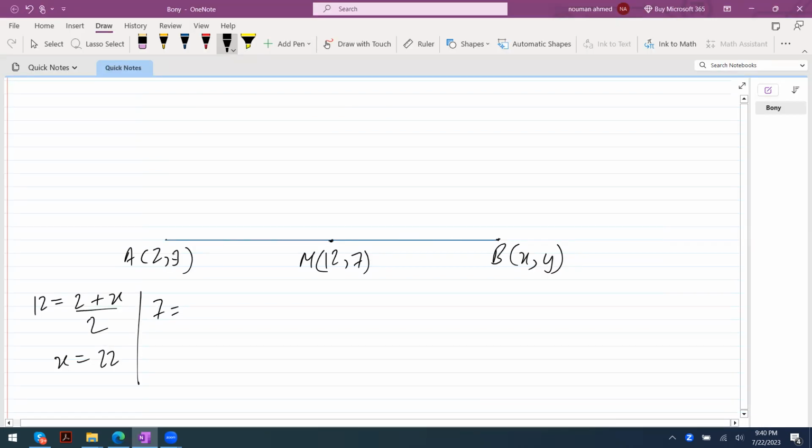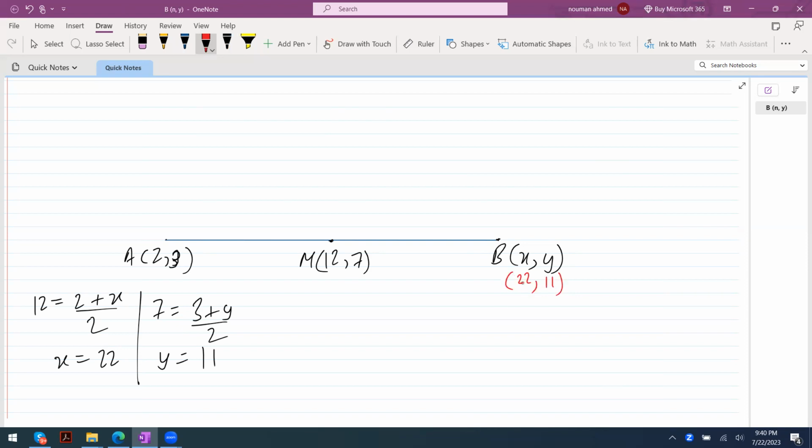A is (2, 3). So 7 is equal to 3 plus y divided by 2. So y is equal to 14 minus 3, 11. Okay. So we have the answer. This is (22, 11). You can confirm: what is half of 22 plus 2? 22 plus 2 divided by 2, 24 over 2, 12. Okay. You can double check. Okay. All clear so far?